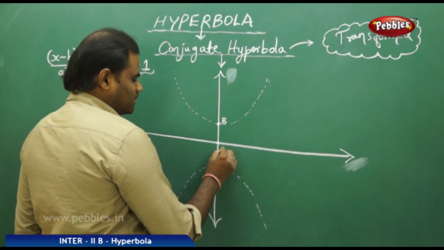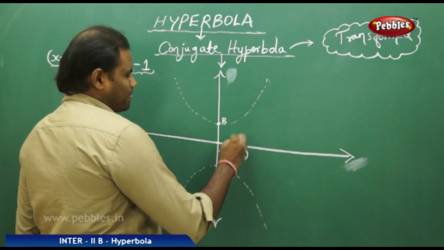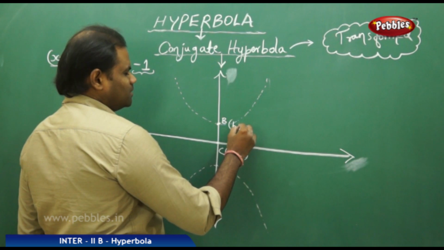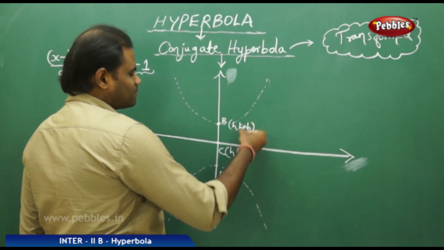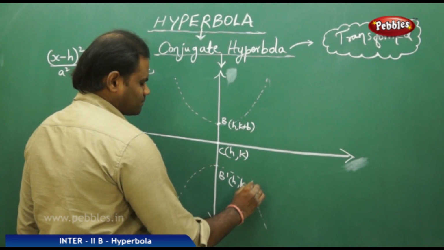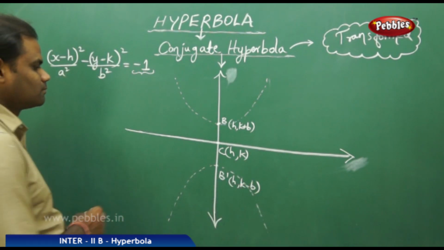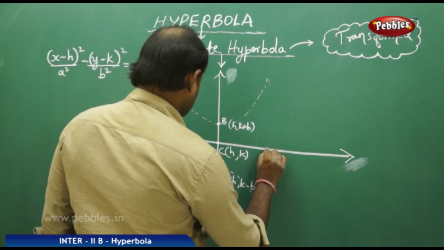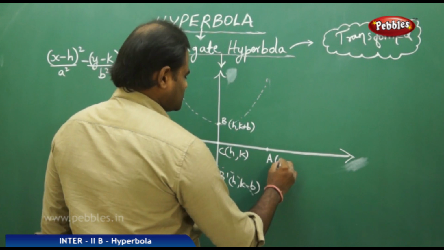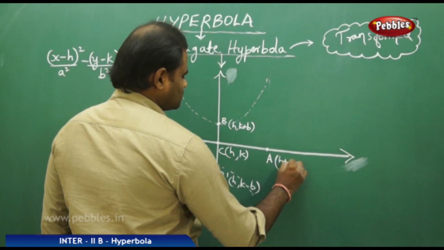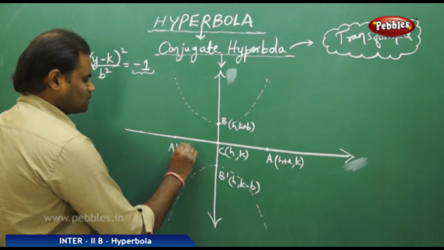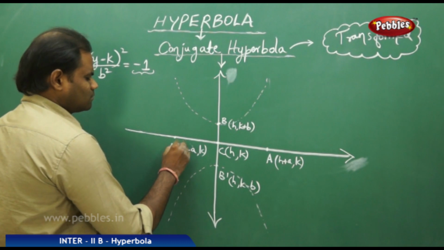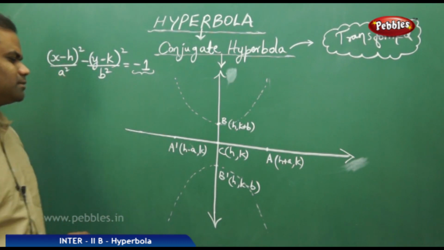Now here my center is (h, k), and the coordinates of B, which is (0, b), will be (h, k plus b) and (h, k minus b), and I have A dash and A, which is (a, 0), transformed similarly.